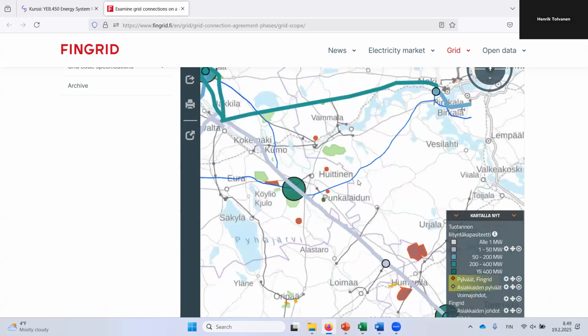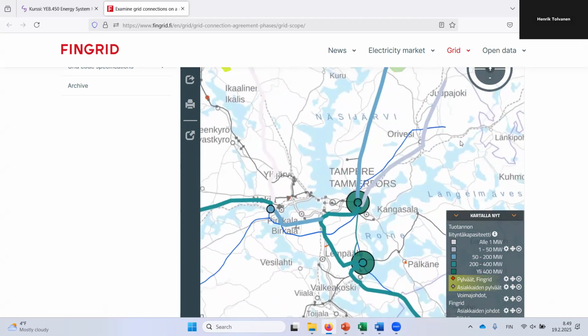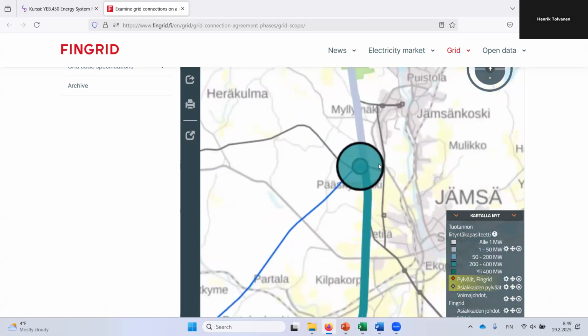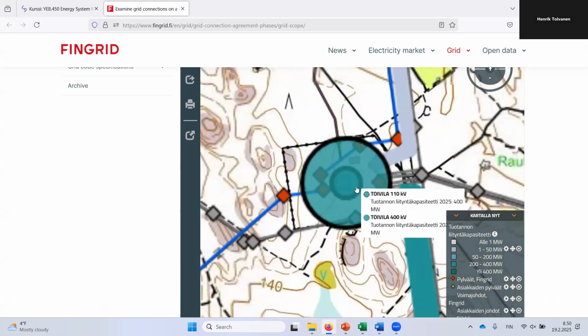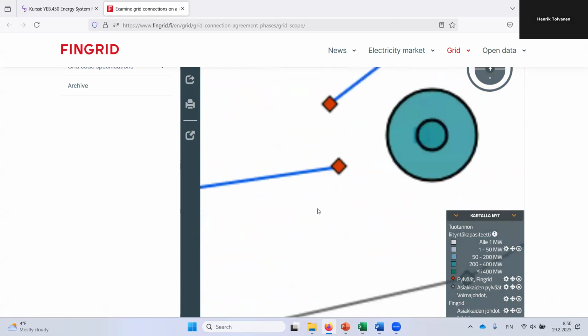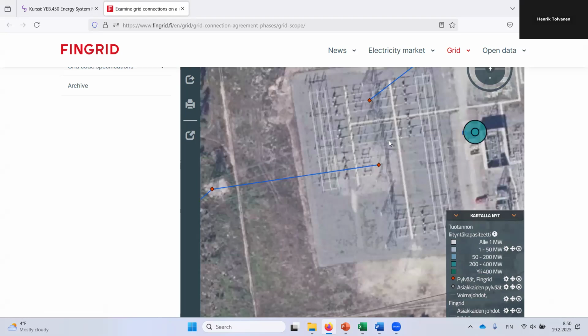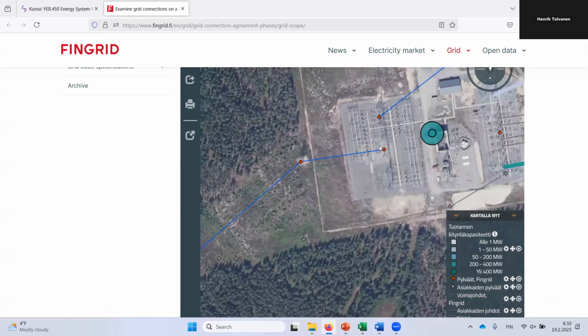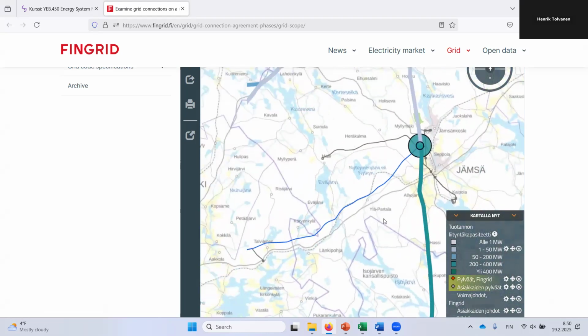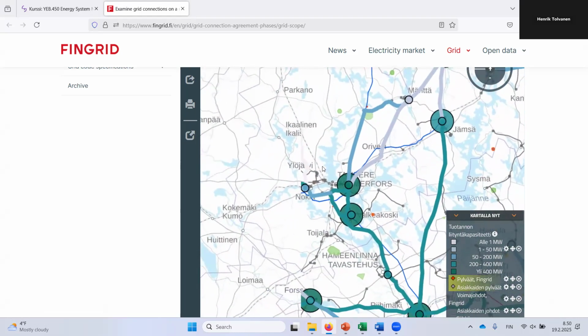let's follow it. So it runs straight to Jämsänkoski. There's a factory and it runs right there. So you can see this at a really detailed level.